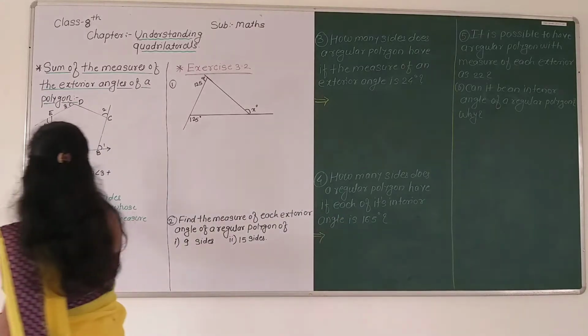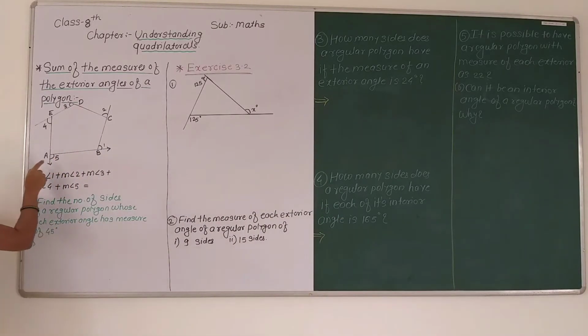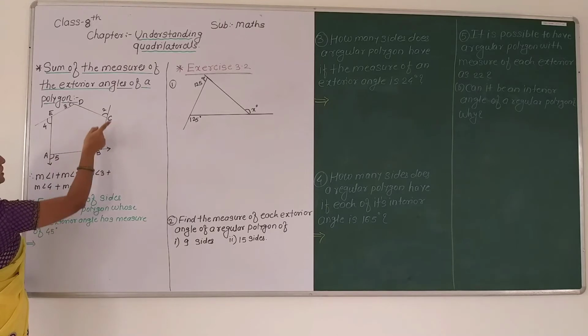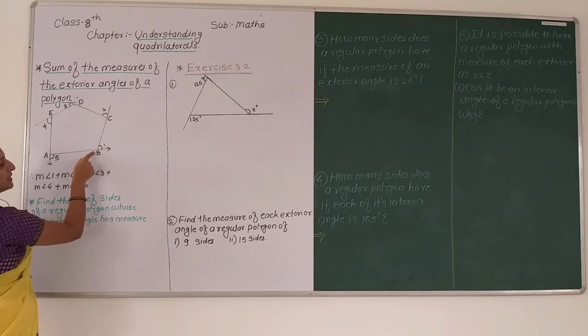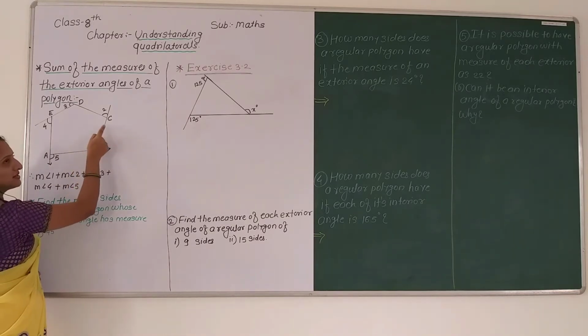Okay. So look at here. When we know the total of these exterior angles, suppose now we are at point A. So if we move from A to B, or we walk from point A to point B, then here there is a turn.